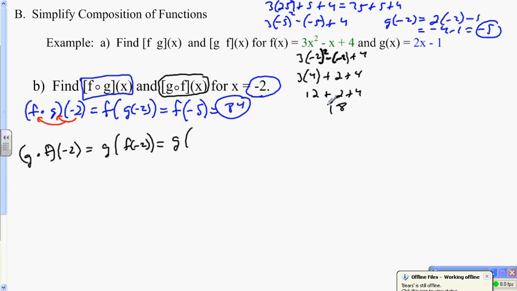Does that look right? Okay, so this is 18. If we plug 18 into g of x, we get 36 minus 1, or 35.